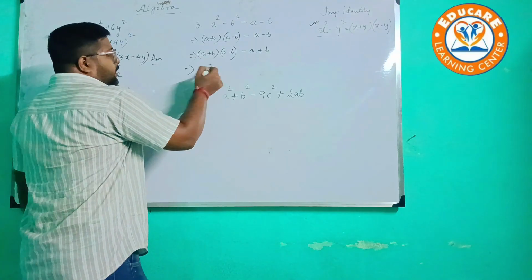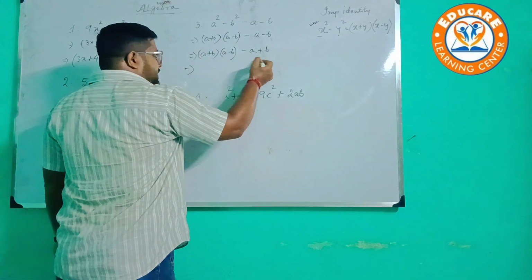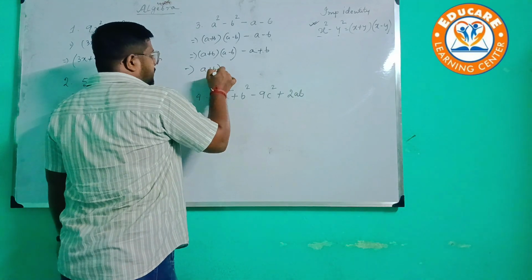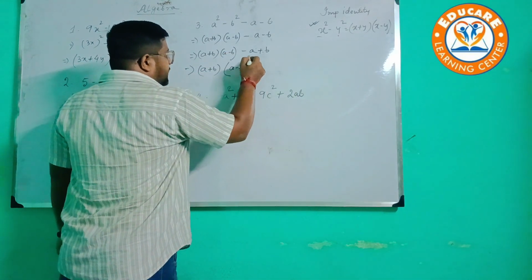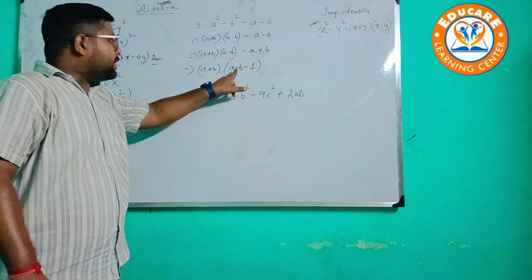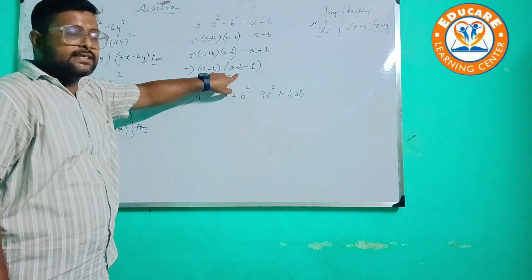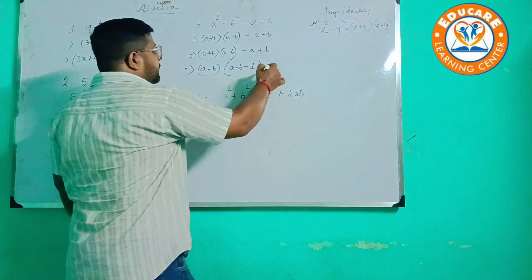Now if we look at this equation properly, a plus b will get common, and what is remaining is a minus b, minus 1. We have taken the entire thing common, so a minus b is coming from here, put the minus sign as it is and put 1, and this will be our final answer.